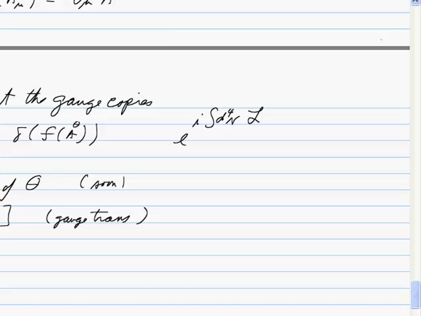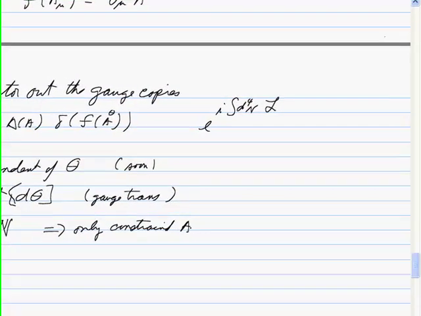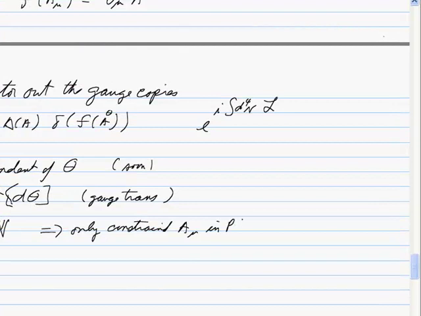So this integral d theta of x is some number, it's infinite, but we don't care about it, and we have left behind only the constrained A's in the path integral.